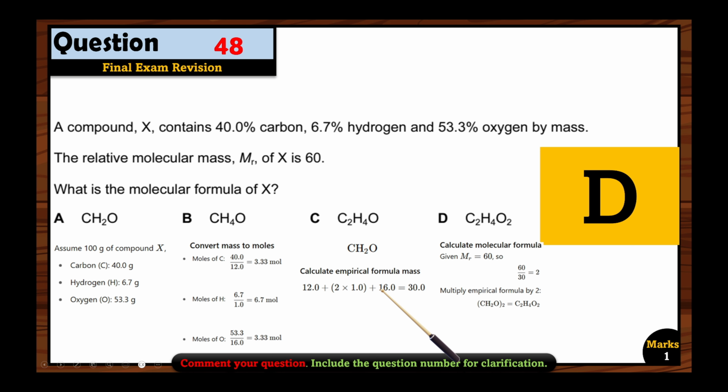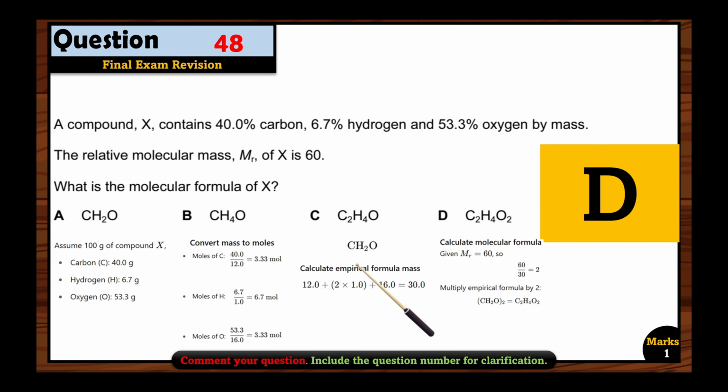Second, divide the molecular mass by the empirical formula mass. Of course, the bigger one will come on top, and the empirical formula mass will always be smaller, so it comes at the bottom. Then whatever value you get, whether 2, 3, 4, you just multiply it with the empirical formula, and that will be your actual answer.